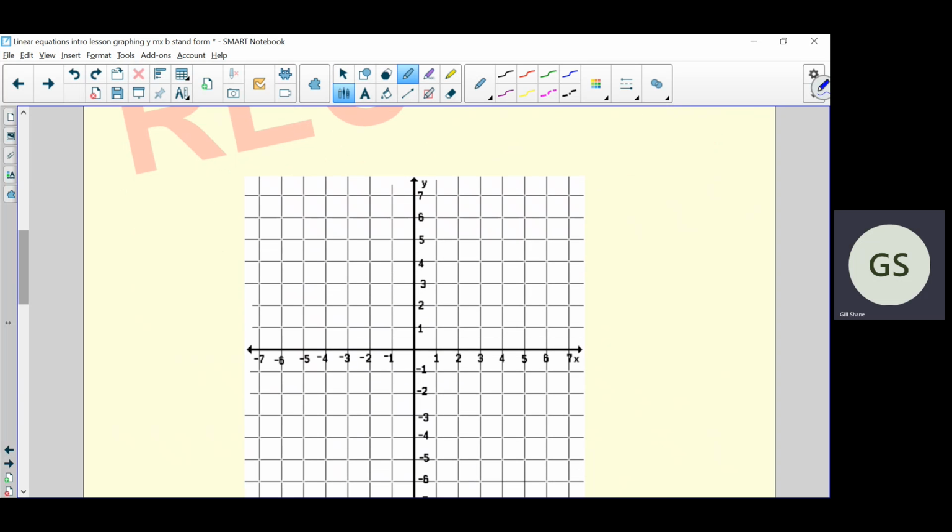So let's say I gave you this. First thing you need to ask: which method do I use? Which means you need to ask, is y all by itself on one side of the equation? Well, here's the y. That separates the sides.